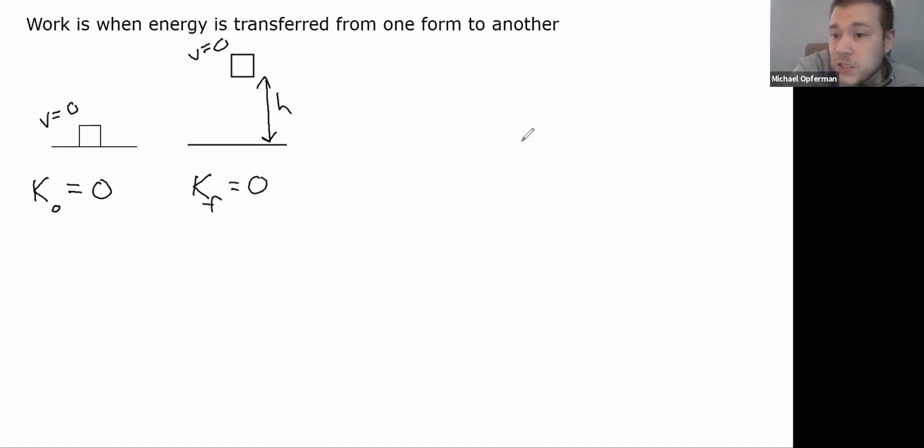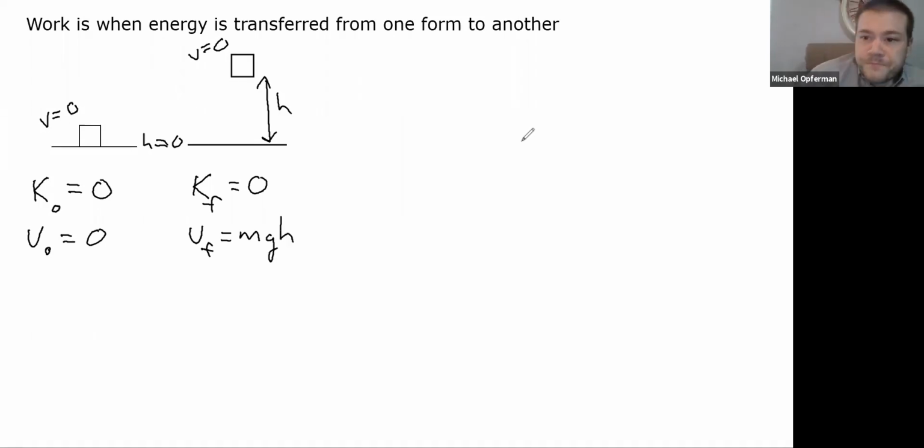When it comes to potential energy, we're talking about gravitational potential energy here. If I set the reference level to be the level of my hand, then the initial energy is 0 because h equals 0. And then for the final state, I would have mgh, the mass of the block, times g, times the height that I raised it above my hand.